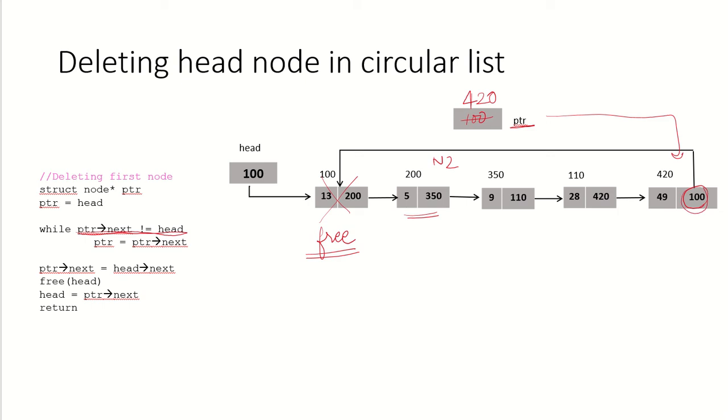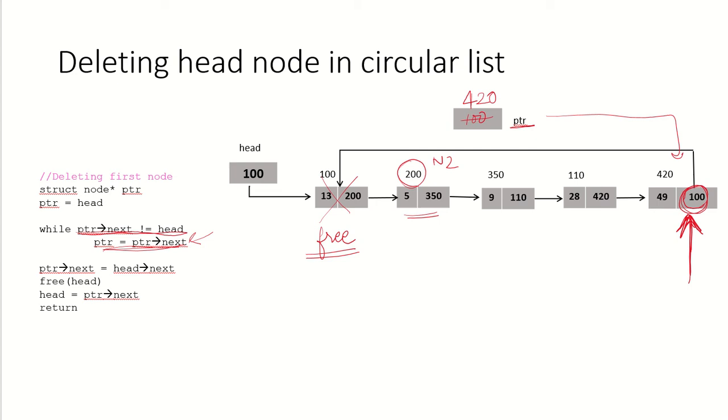Only when the next part is equal to head, that means we have reached the last node. Till that time, we will keep on updating the PTR variable to PTR arrow next. Once we have reached the last node, we have to update the pointer part of this to point to node 2.